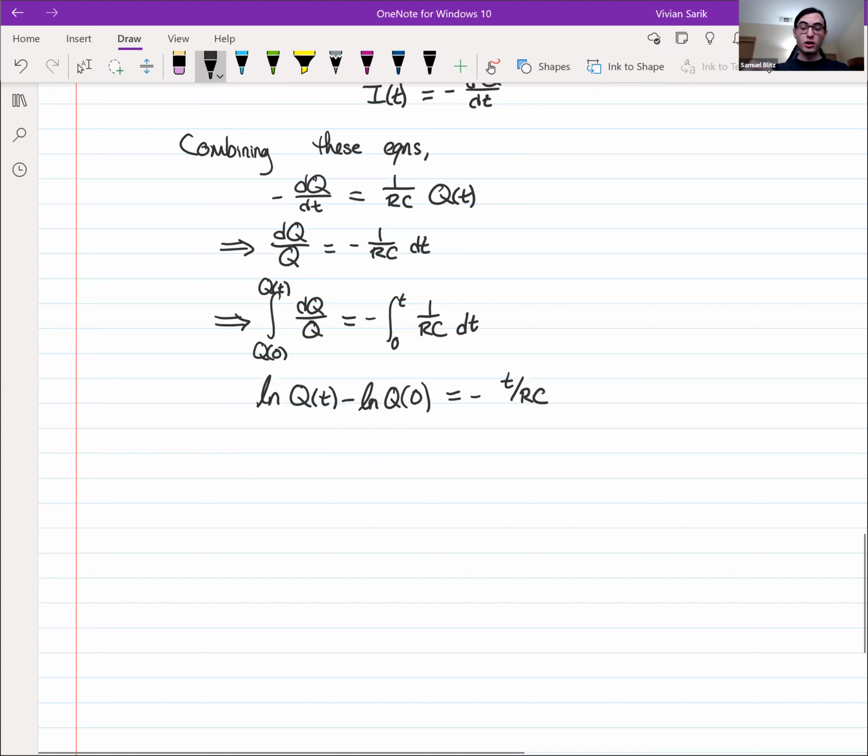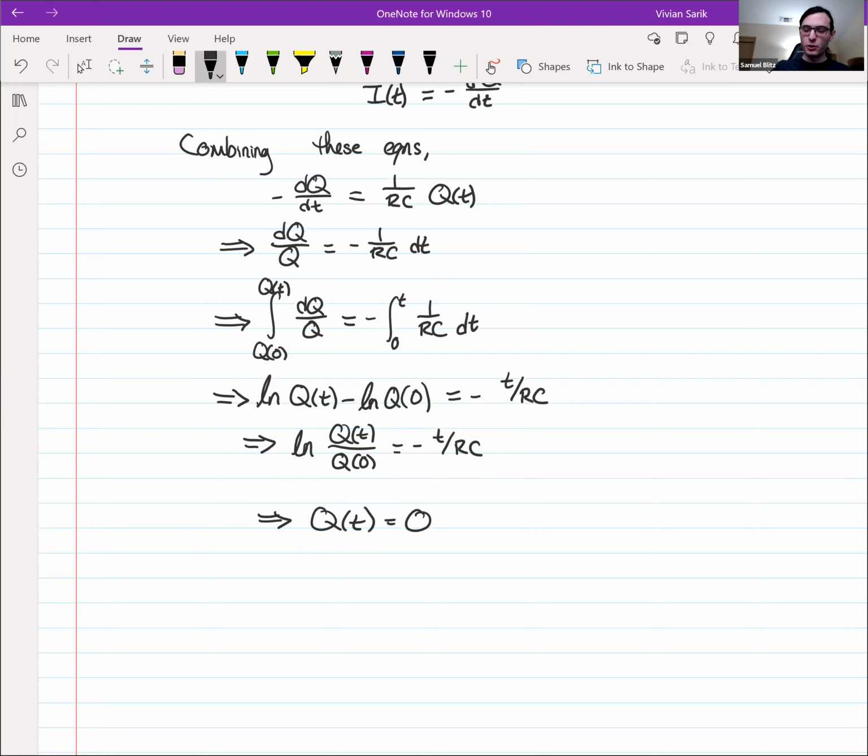Then we can do some log rules, so we can combine the two logs into a log of a rational function. So we get that this is log of q of t divided by q of 0, which is equal to minus t over RC. And then you guys have seen this trick by now. You just exponentiate both sides, multiply both sides by q naught, and so you're left with q of t is equal to q of 0 times e to the minus t divided by RC.